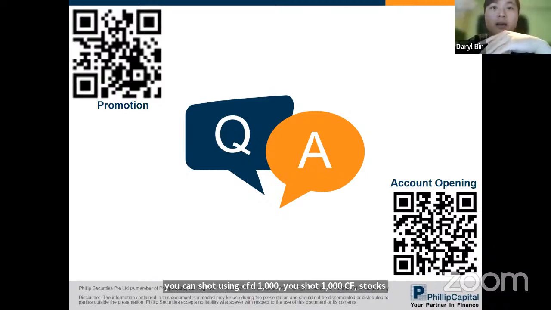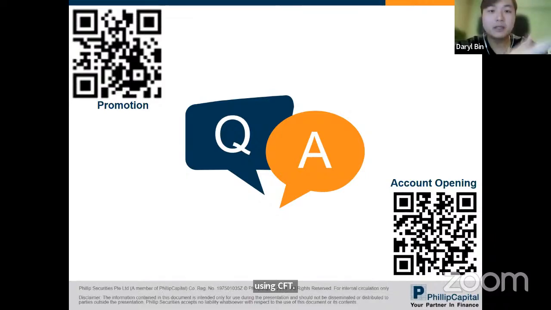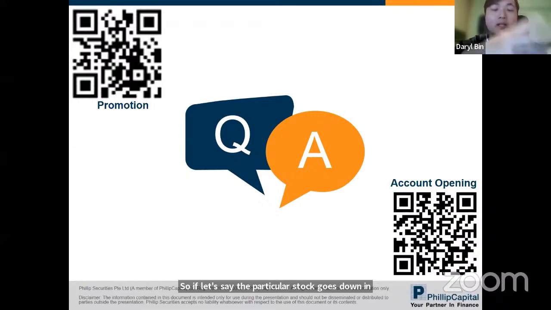If the particular stock goes down in price, you can take profit in your CFD position, and then use the CFD profits to buy more stocks, so you bring down your average price. So I don't think there's a cost for it, but if you're looking at cost, maybe it's the commission fee or the financing fee.